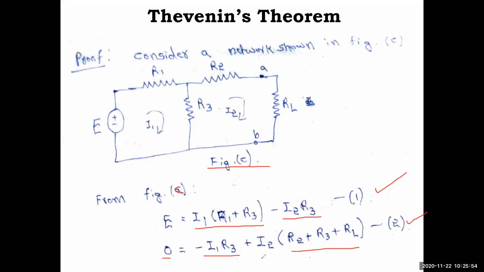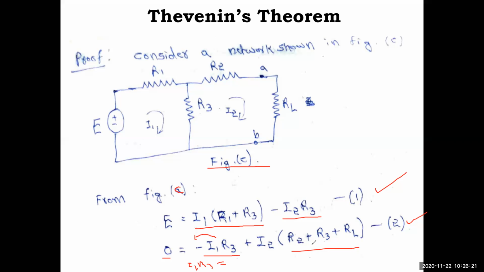Copy down. Okay. So now next what I will do. So here 0 has come. So what I will do is this I1 I will take to the right side. Okay. So then it will become plus I1 R3 equal to I2 into (R2 plus R3 plus RL), right? So then I will make it for I1.